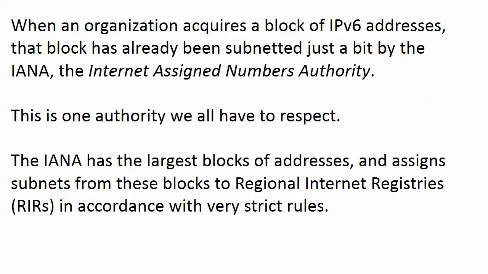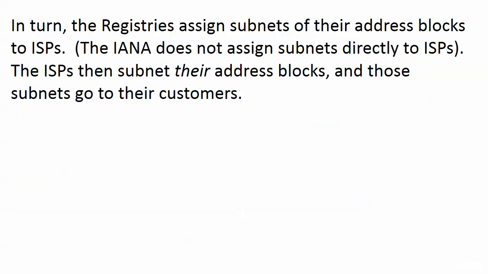Because first off, the block would have been subnetted by the IANA. They have the largest blocks of addresses, and they don't just hand them to you and me, you know, at Fred's Bank or something like that. What happens is the IANA has the largest blocks of addresses, the whole pie, if you will, and they assign subnets from those blocks to regional internet registries, RIRs, in accordance with very strict rules.